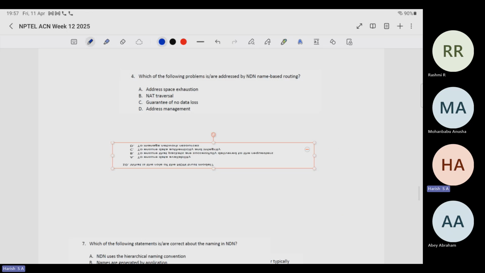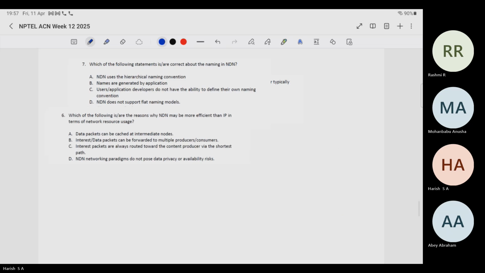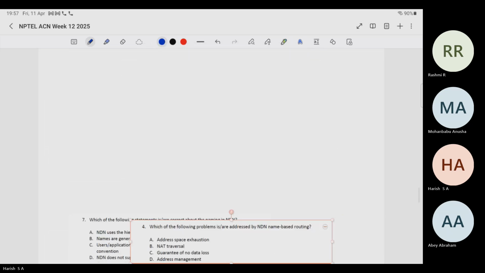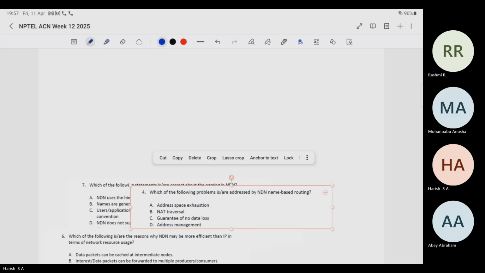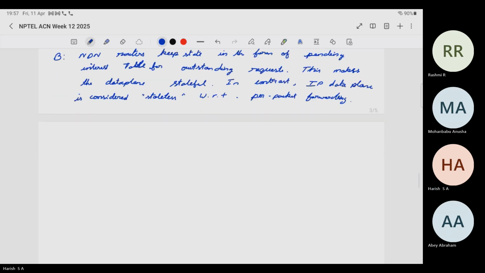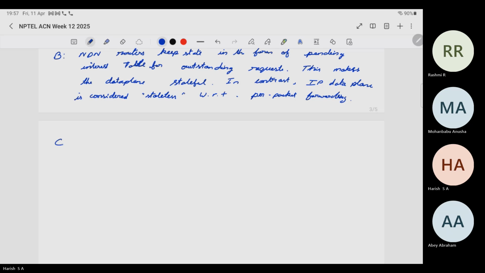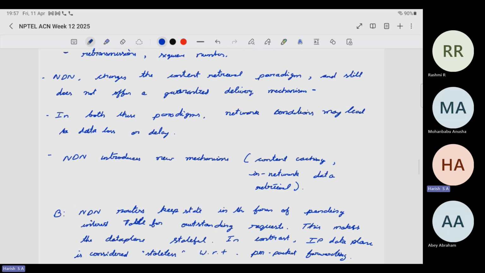What does C say? C basically says that IP includes a security primitive directly at the network layer.